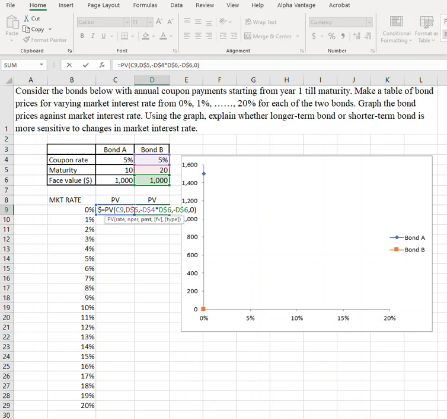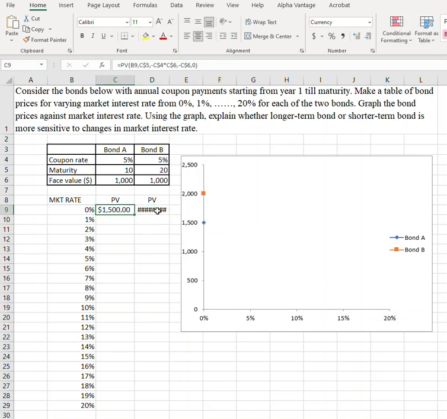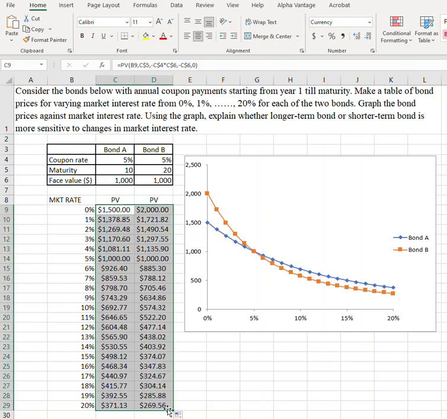Oh, forgot to reference B. Okay, there we go. Now we can drag these formulas down, and we can see the relative value.